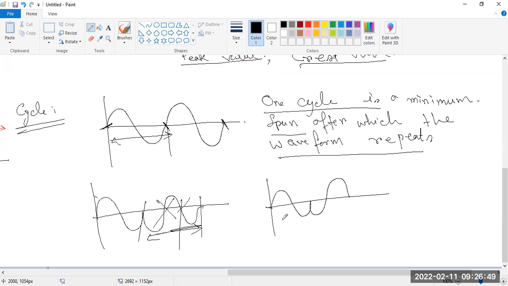Which one is the cycle? Look, you have to find out one cycle. You get puzzled. Some questions come in this way.